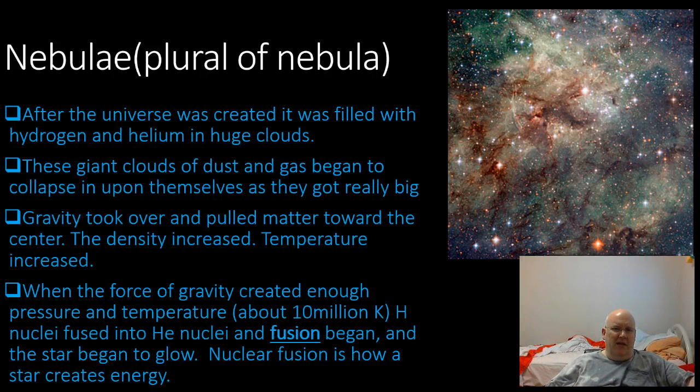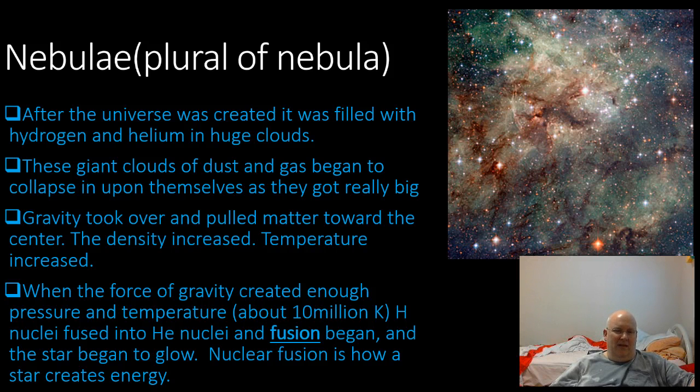And when this pulling in of gravity happens, the center gets very, very dense, and with this increase in density comes an increase in pressure, and as pressure is driven up, so is temperature, because when things are squeezed or under pressure, the temperature increases. It increases to the point where fusion begins, which is about 10 million Kelvin they have measured in stars today.